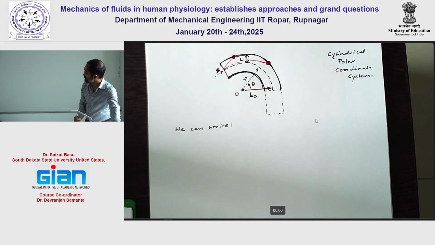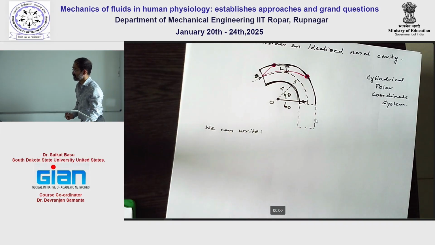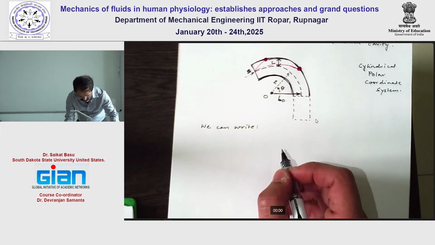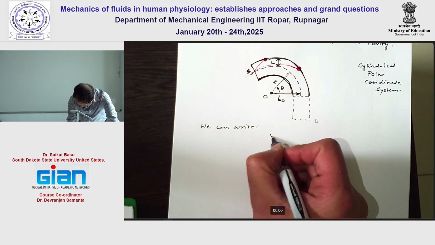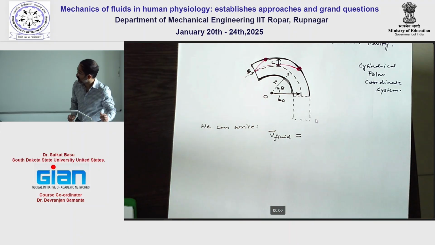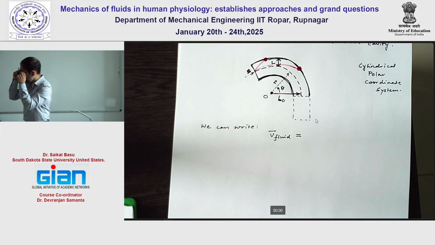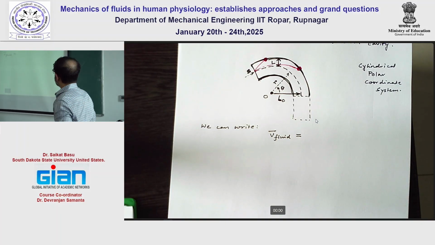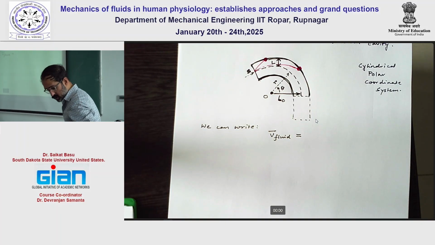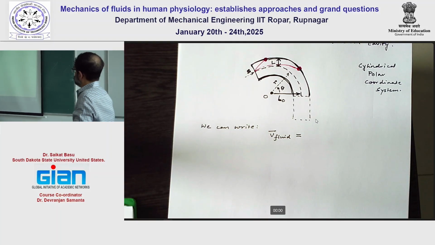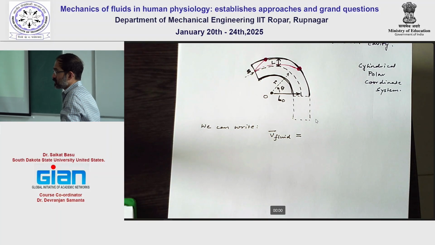So what is going on here is a combination effect of the fluid velocity, the fluid moving, and the particles transporting, right? So let's first think about the fluid velocity. So the V fluid, can we express the V fluid in the r theta coordinate system? What do you think you should write if you are trying to express V fluid in terms of the r theta coordinate system?